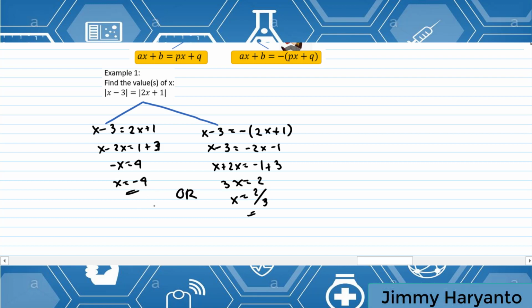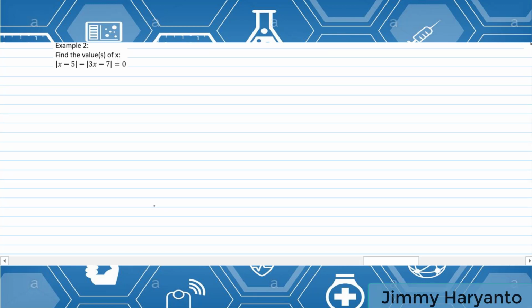How about example 2? If we look at it, it's not really the same as the form of the title. But we can make it exactly the same by moving the 3x minus 7 to the right side. If we move it to the right side, it will become positive.